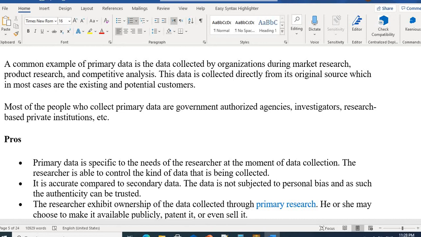These are some pros of primary data. It is accurate compared to secondary data. The data is not subject to personal bias, and as such the authenticity can be trusted. The researcher exhibits ownership of the data collected through primary research, or he or she may choose to make it available publicly, patent it, or even sell it.